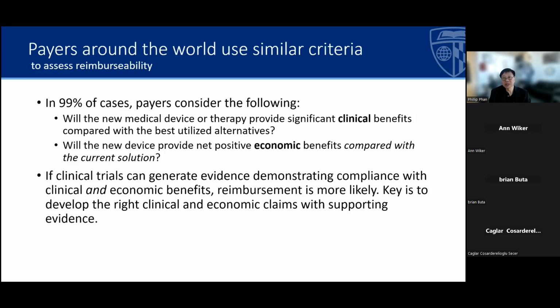And this is important because what that implies is that when you're doing your trials, you don't just want to collect clinical outcomes data, you actually want to design your trials in such a way that you can collect economic benefit data as well. Okay, so that's something that I think, obviously, if you're a large company, you can do that. If you're a small company, if you're a startup, you've got to pay attention to this thing. You can, of course, get contractors and specialists to help you design your trials so that you can collect that kind of data, but you should collect that kind of data.